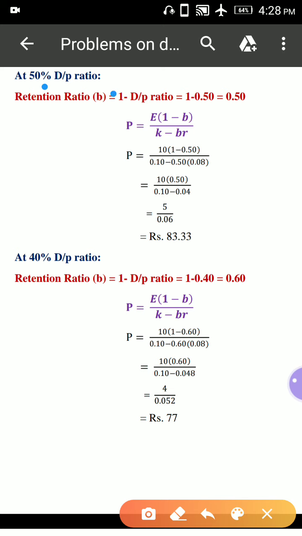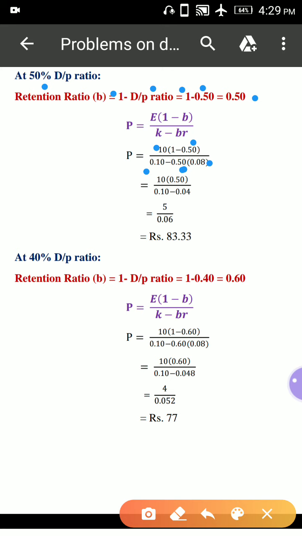Now 1 minus the dividend payout ratio is equal to the retention ratio. So 1 minus 0.50 is equal to 0.50. Now P is equal to E 10 into (1 minus b), that is 1 minus 0.50, divided by K 0.10 minus b 0.50 into r 0.08.